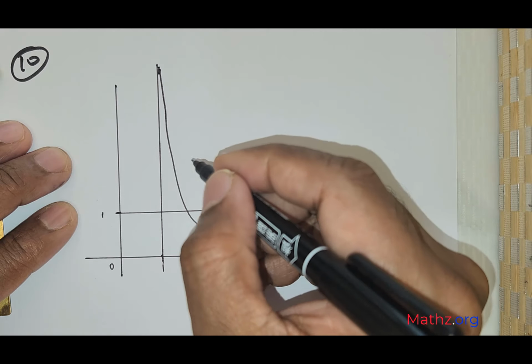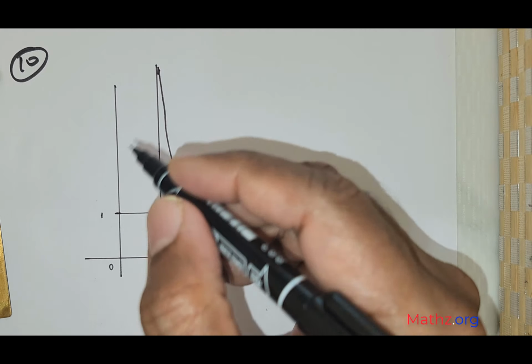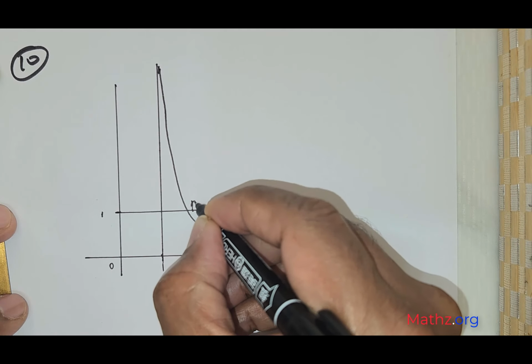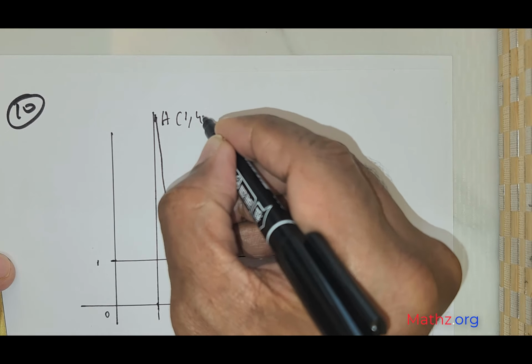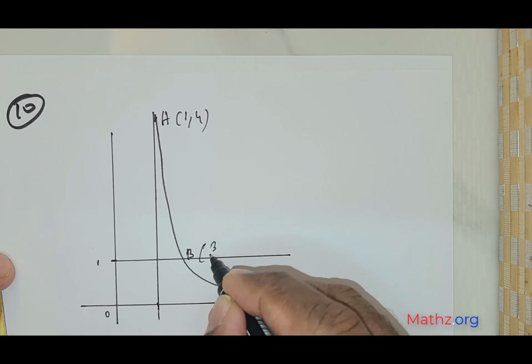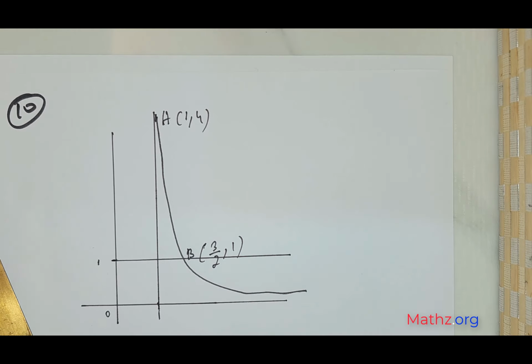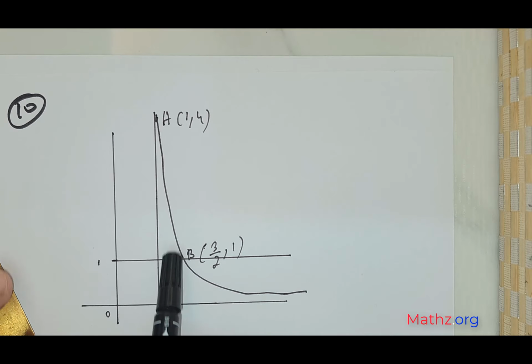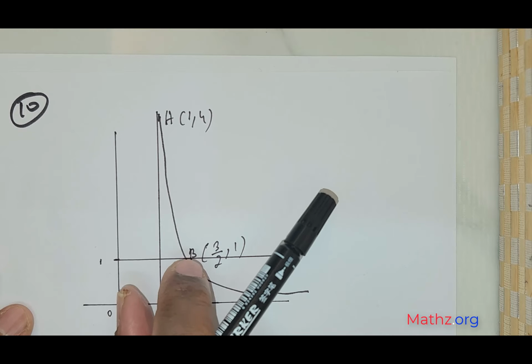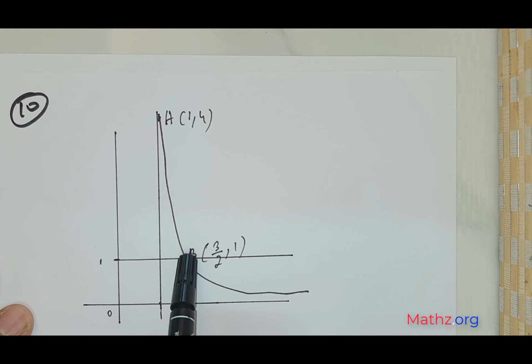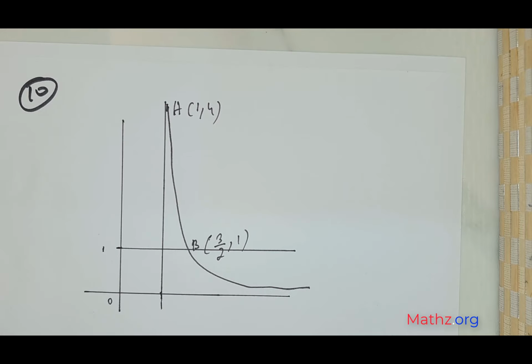Okay, and this point is B, this point is A, this is B of 3/2, 1. Now if you see here, we have to obtain the volume of revolution. Now if you were to spin this, you will get an image which also includes a cylinder.